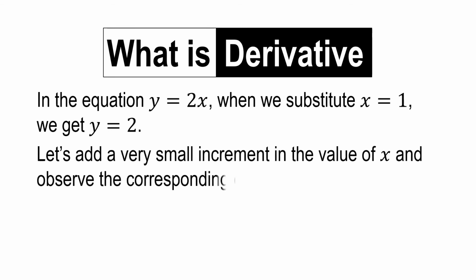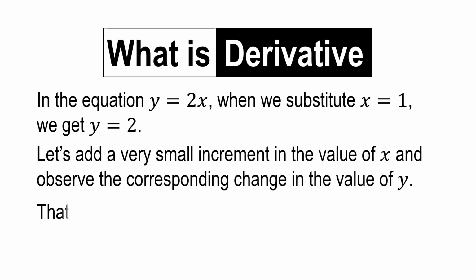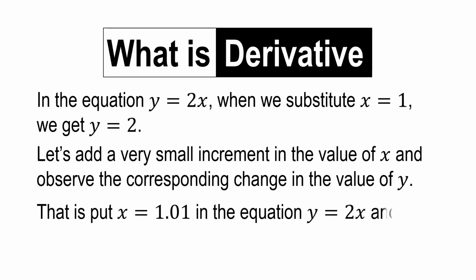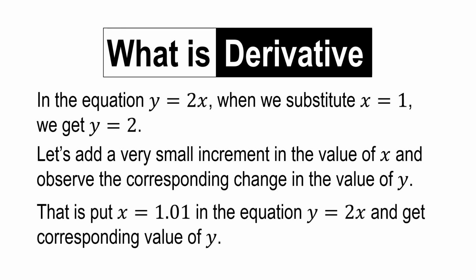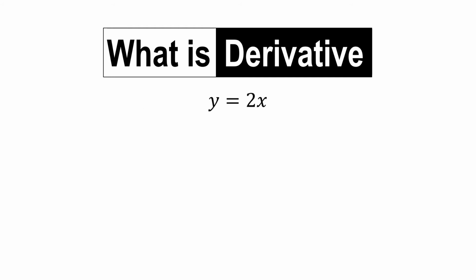In the equation y is equal to 2x, when we substitute x is equal to 1, we get y is equal to 2. Let's add a very small increment in the value of x and observe the corresponding change in the value of y.